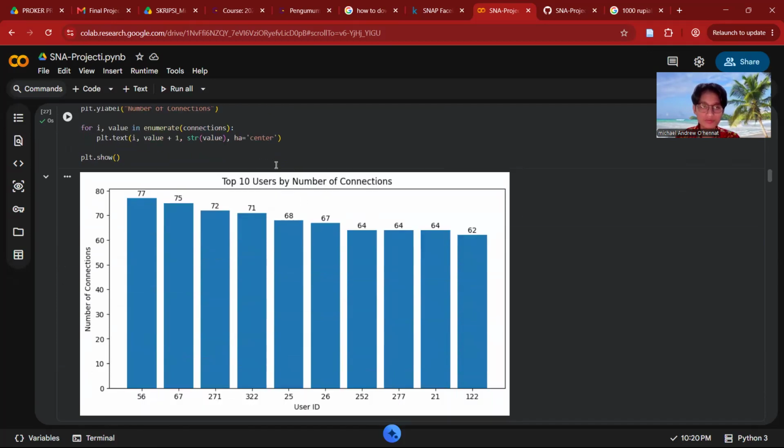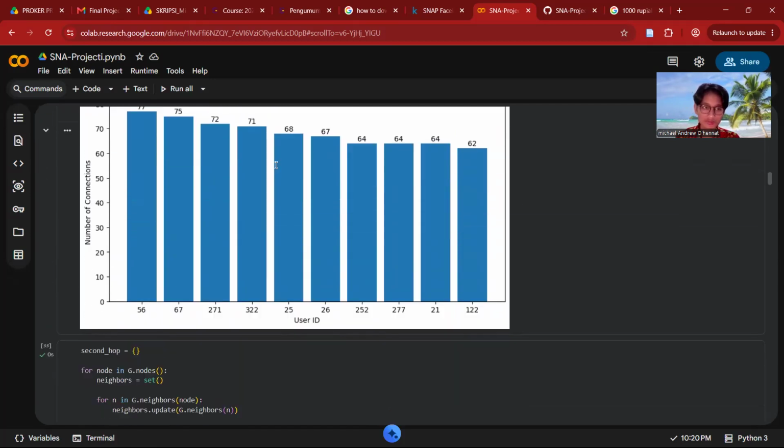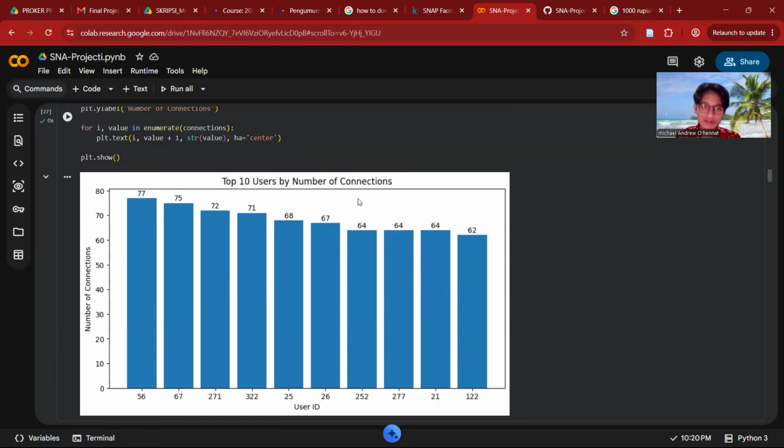This is the number of connections. Near ego number 0, there are a lot of users, right? And I choose the 10 users that have the most connections with ego number 0.